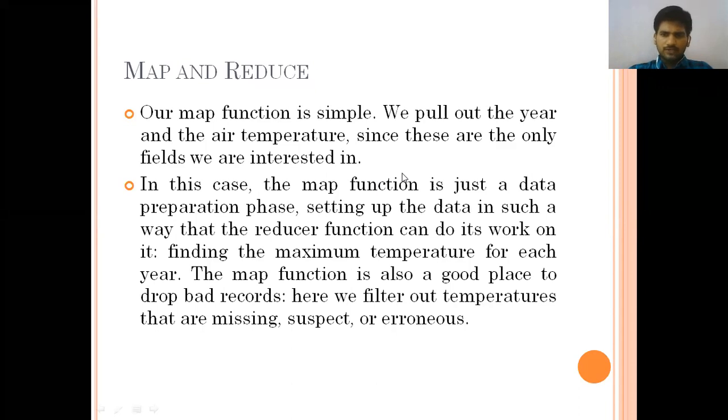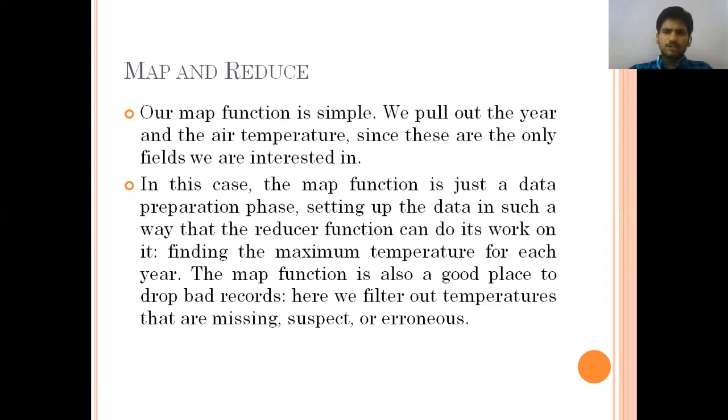In this case, the mapper function is just a data preparation phase, setting up the data in such a way that the reducer function can do the work of finding the maximum temperature. The mapper function is also a good place to drop the bad records and temperatures. We need to remember these things. Two phases are there: one is the map phase, and the second is the reducer phase.